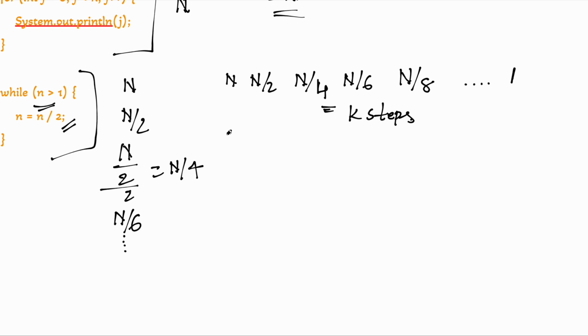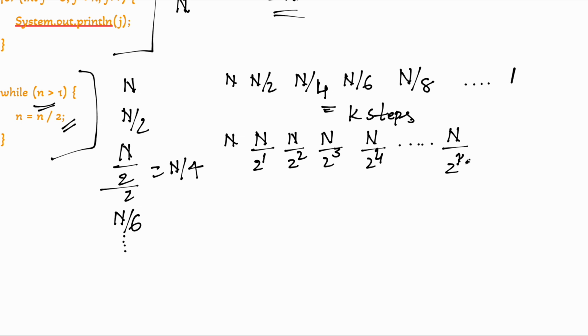If we represent these numbers in terms of powers of 2, it becomes n by 2 power 1, n by 2 square, n by 2 cube, n by 2 power 4, and so on, n by 2 power k. This is also like 2 power 0 we can represent.